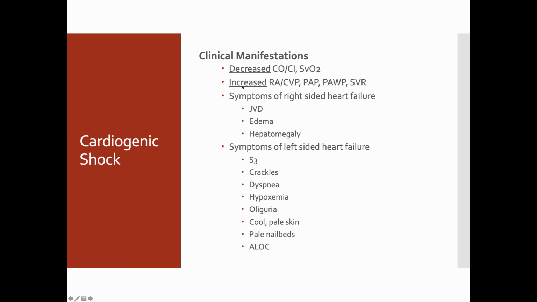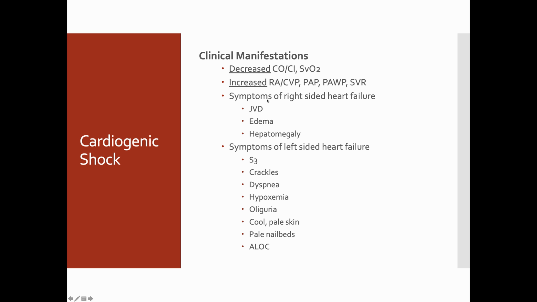We see things like increased right-sided pressures, right atrial or CVP pressures. The pulmonary artery pressure can also be elevated. The pulmonary artery wedge pressure, or the wedge, is elevated, but that's actually a left atrial pressure, we will learn. And there's an increase in the systemic vascular resistance.